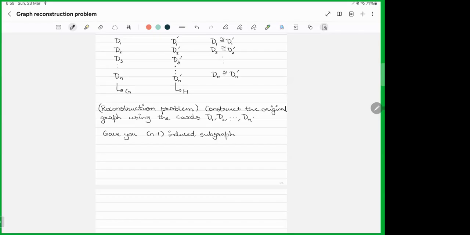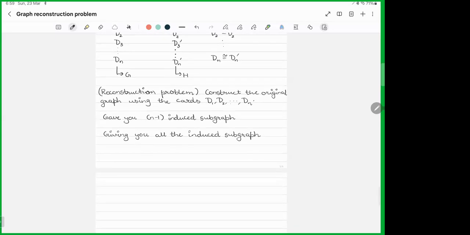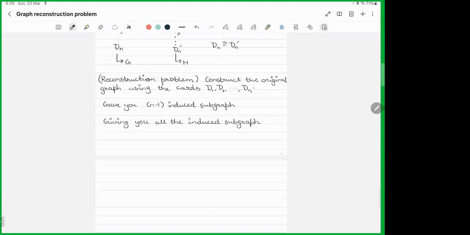But now I am giving you all the induced subgraphs. Can you tell me what the original graph is? Let's call this the induced subgraph problem.